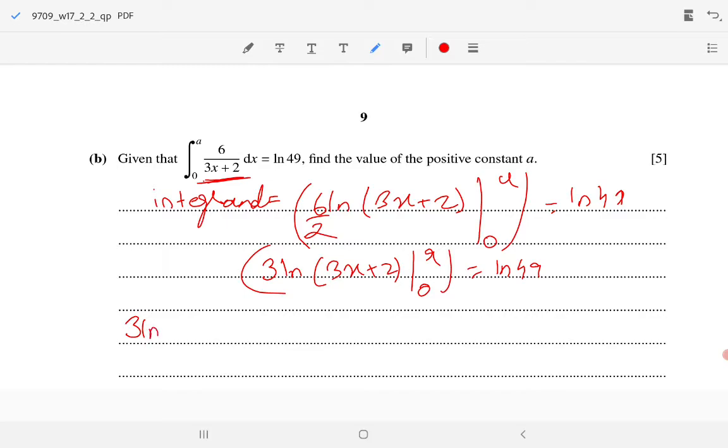So 3 ln 3a plus 2 minus 3 ln 2 is equal to ln 49.